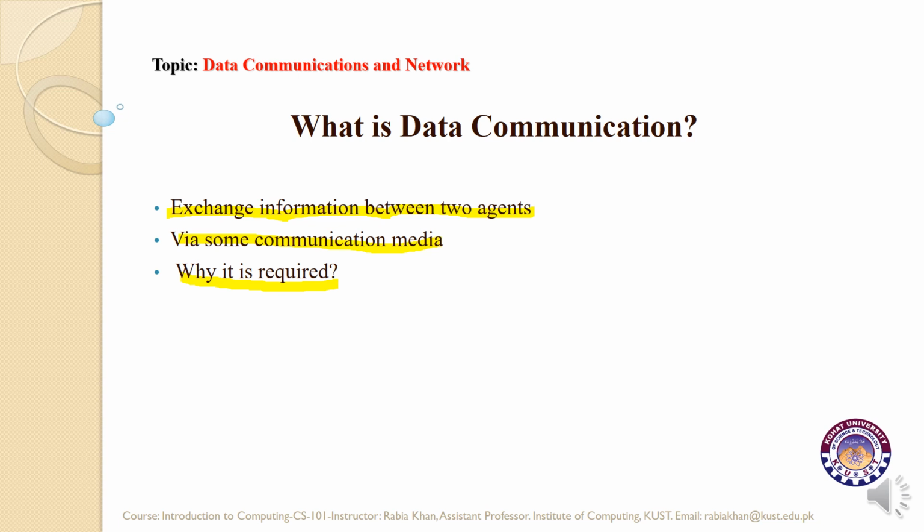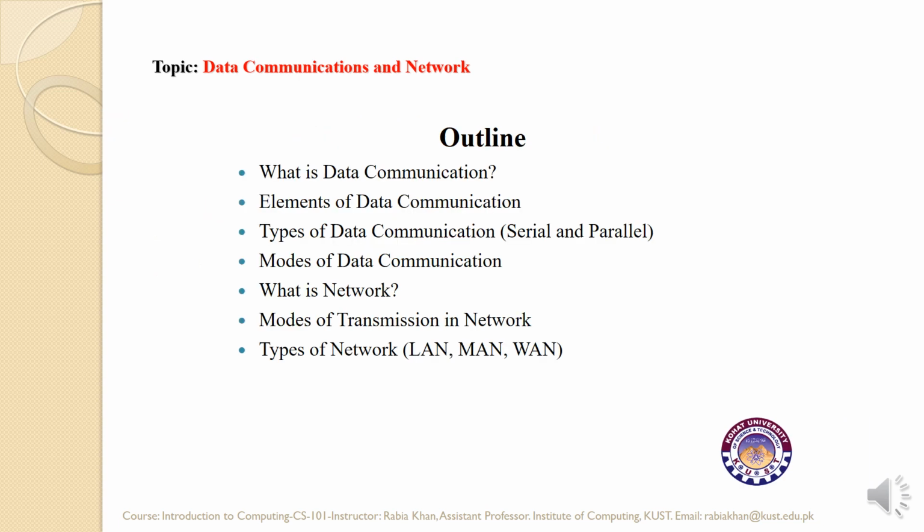I hope you must have now developed an understanding with the term data communication and why it is required. Now, after we have established understanding with the term, next we are going to explore different elements within data communication, or the elements that form or complete the data communication process.